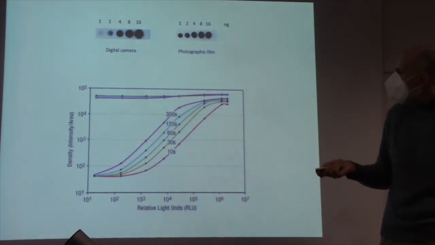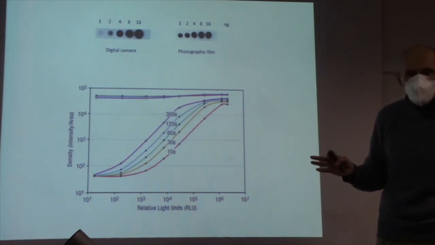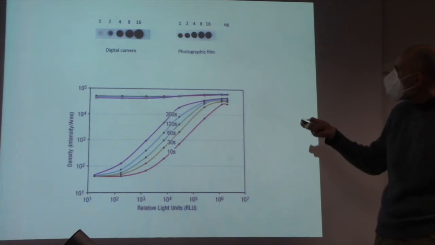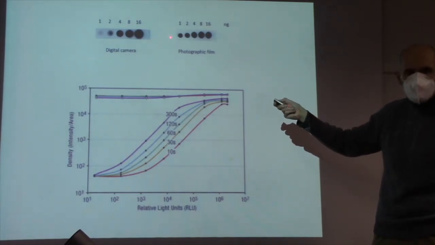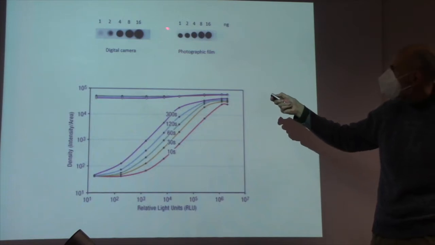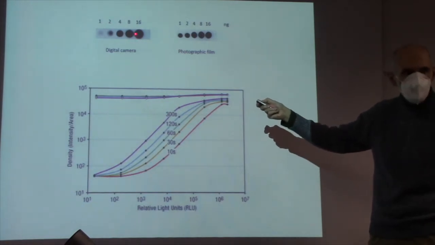Notice that outside linearity, you should not make inferences, which means the fact that you clearly see 1 nanogram here doesn't necessarily mean that you could see half a nanogram or a quarter of a nanogram.